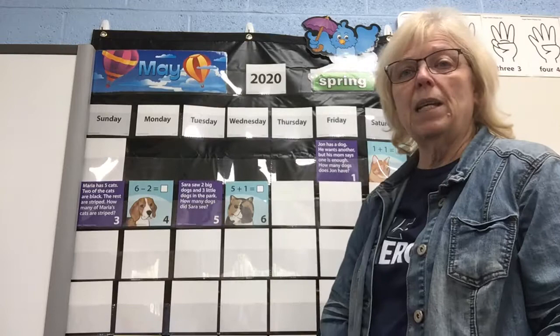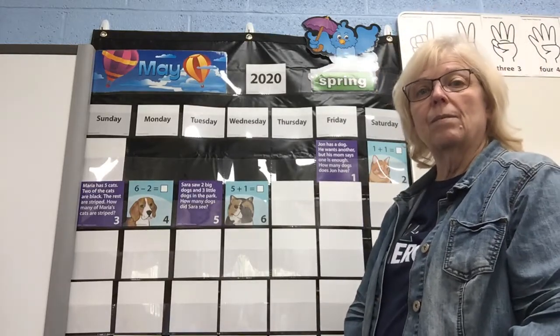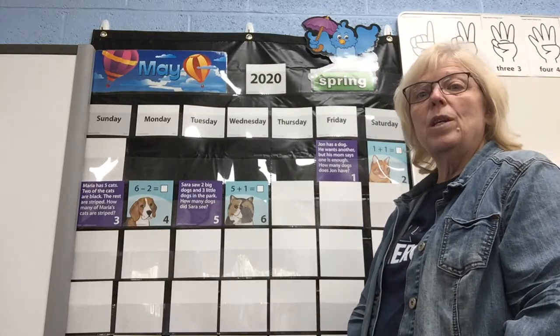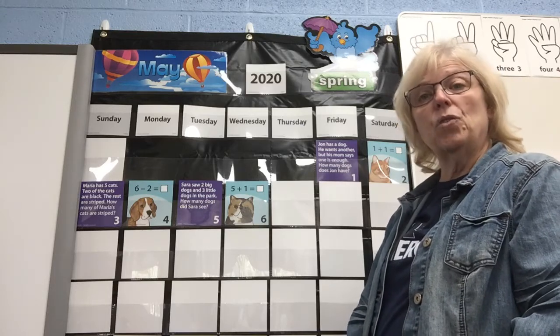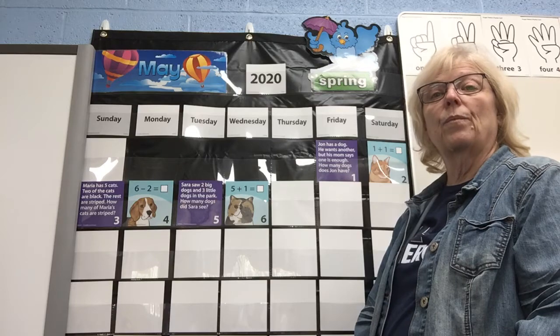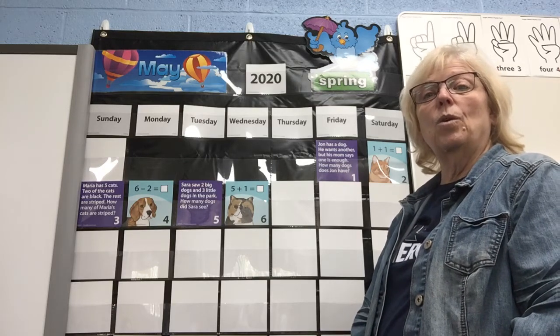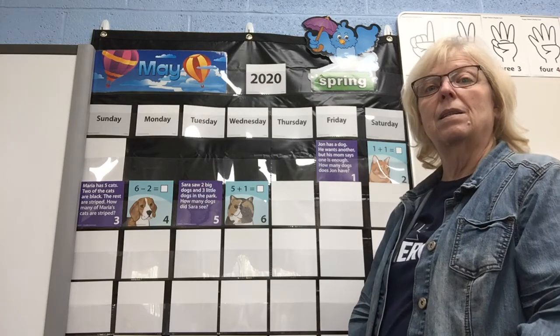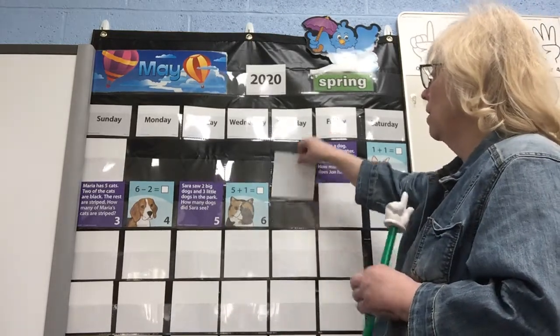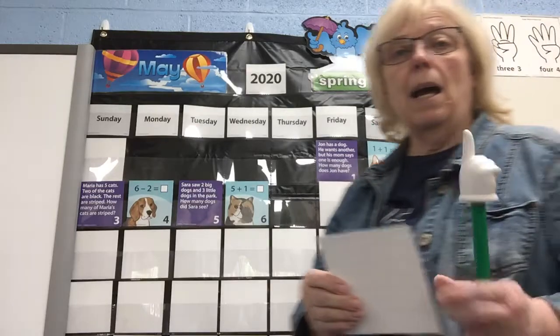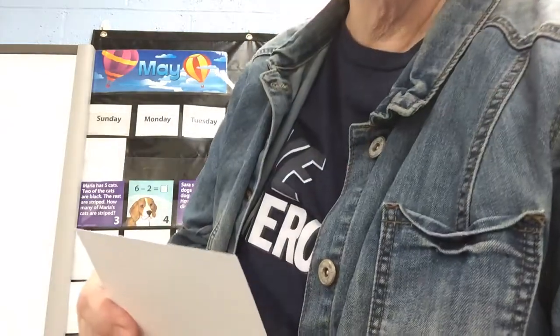What comes after 6? The number is 7. So we know we're going to have a story problem, and the answer will be 7. Let's turn over our card, and I will first read it and then show it.